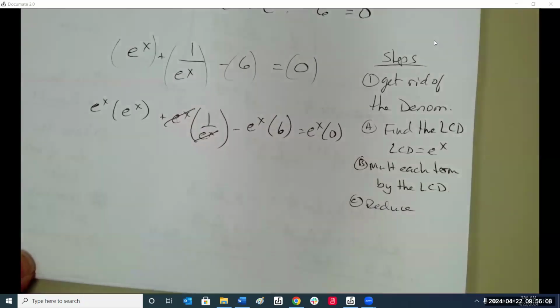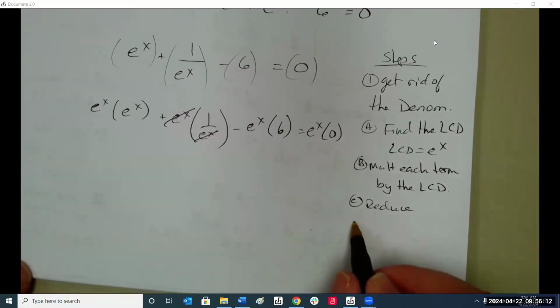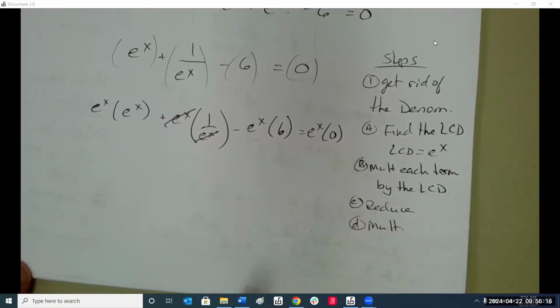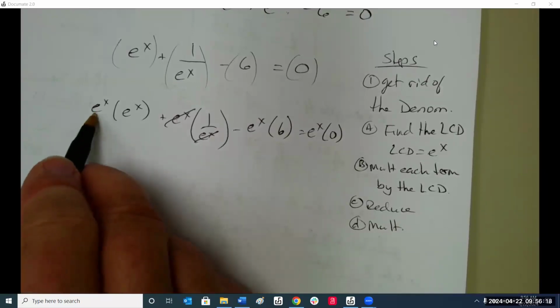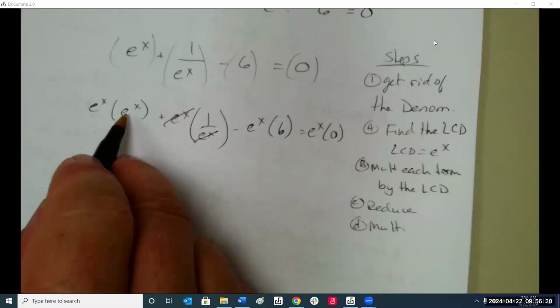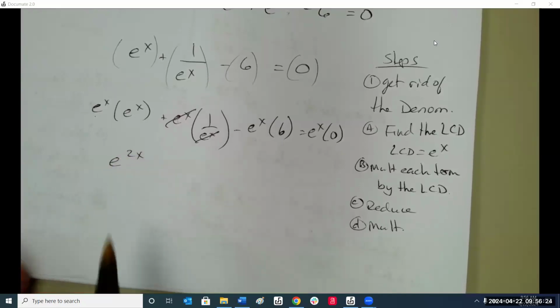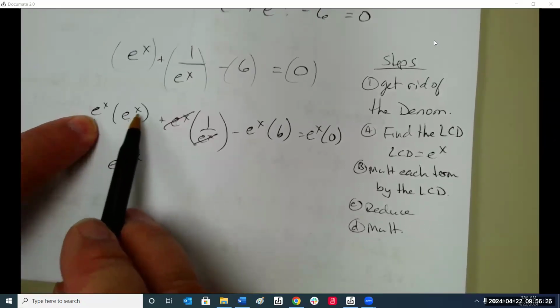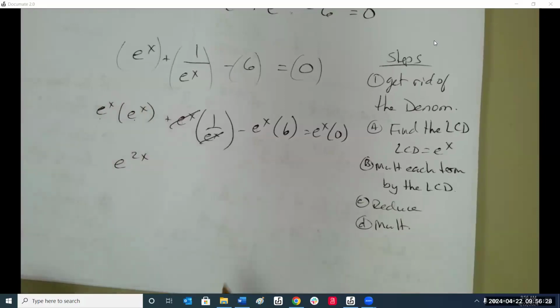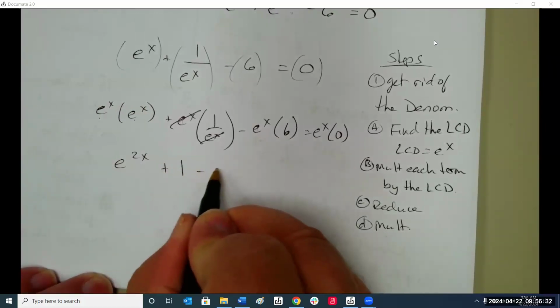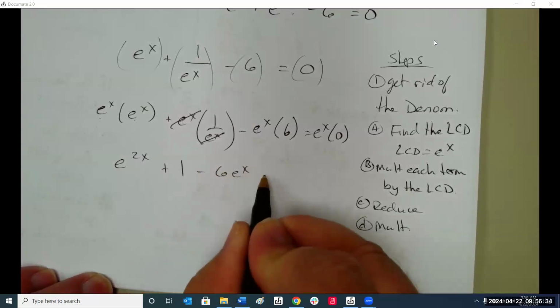So those cancel. Multiply to get rid of the parentheses. So e to the x times e to the x is what? e to the 2x, because remember, whenever you multiply the same bases, you add the exponents. e to the 2x plus 1 minus 6e to the x equals 0.